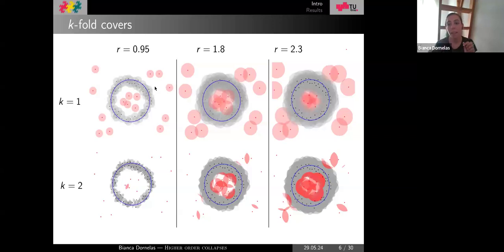Then an algorithm could detect how the same one-cycle, for instance, even though it's short at k=1, is a bit longer at k=2, and maybe even longer at k=3. Analyzing not only the variation in the radius, but also the variation in the order, an algorithm could maybe have a more accurate output.